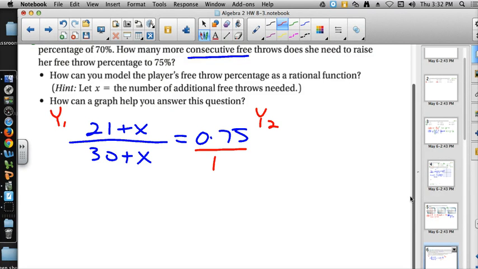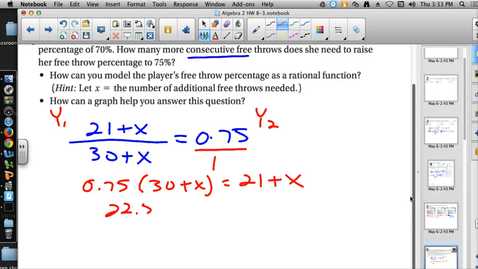We can slap a 1 down here, and then cross multiply. So 0.75 times 30 plus x equals 21 plus x. And then we could just take 3/4 of 30, and that's 22.5 plus 0.75x. And then we could subtract 0.75x from both sides.